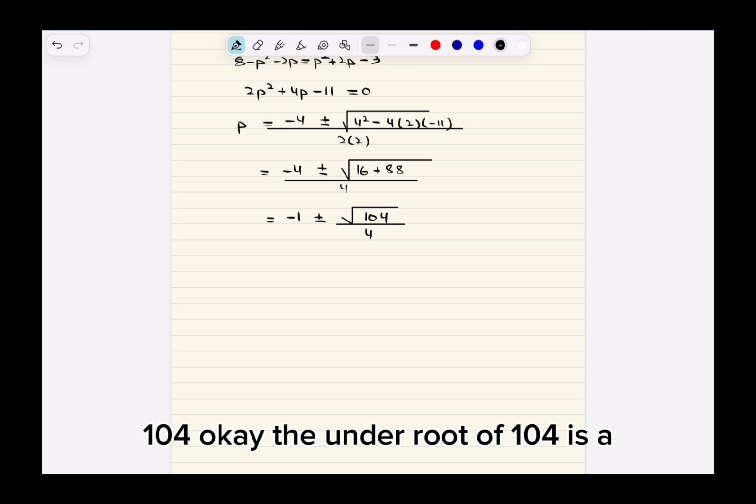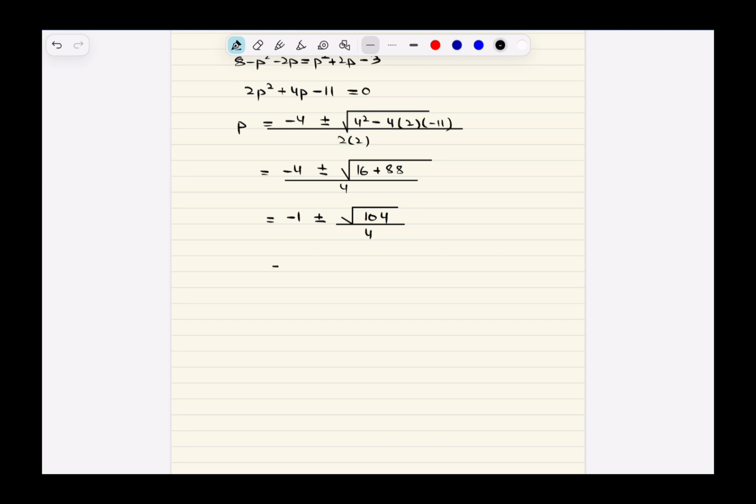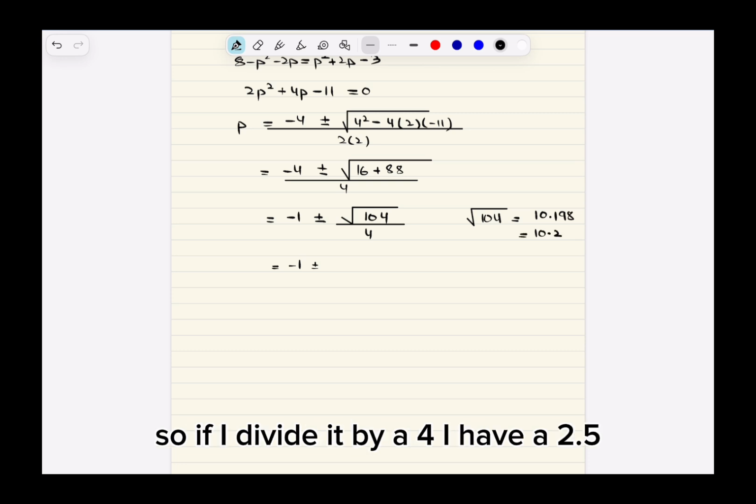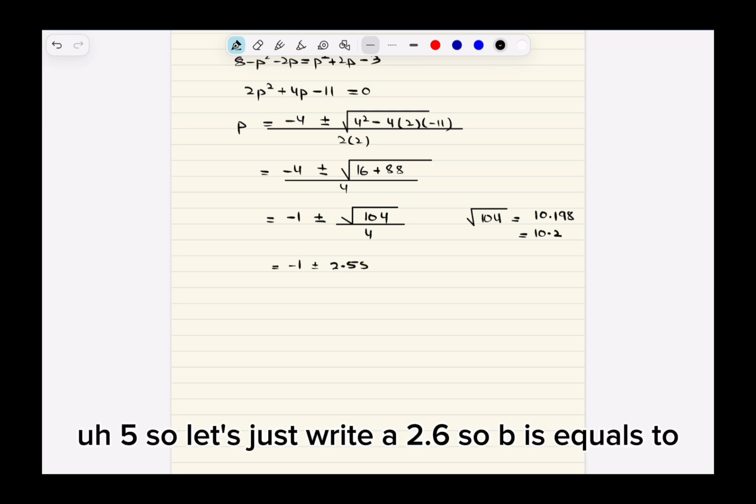Okay, the square root of 104 is 10.198. So let's just take it as 10.2. So if I divide it by 4, I have 2.55. So let's just write 2.6.